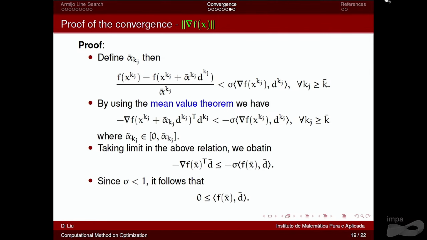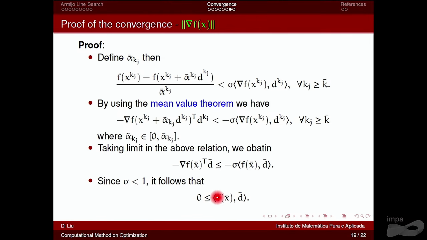And then since we know that sigma is greater than 0 and less than 1, we get that, sorry, there should be a gradient, okay?